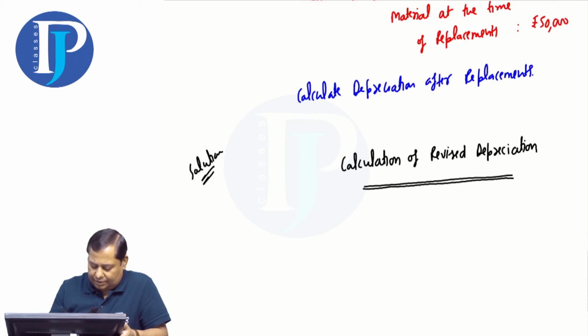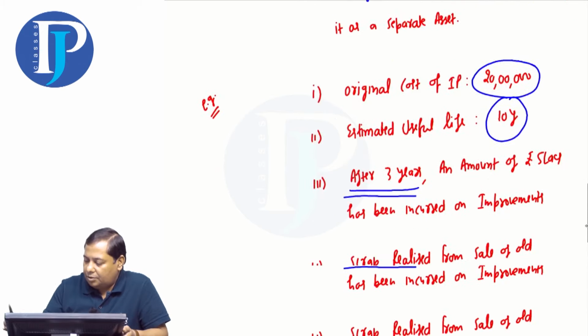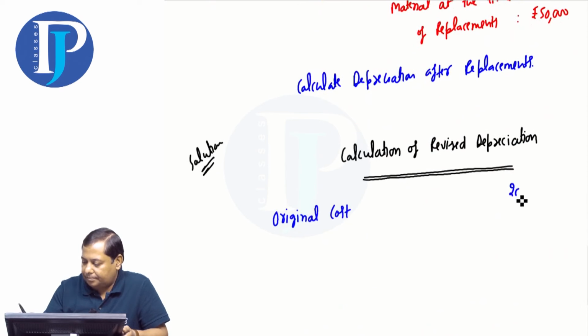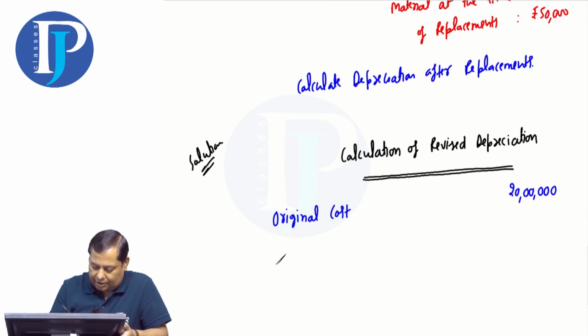Calculation of revised depreciation. The first thing we will write is the original cost. I have the original cost of 20 lakh rupees. I will deduct depreciation from this, depreciation for 3 years.